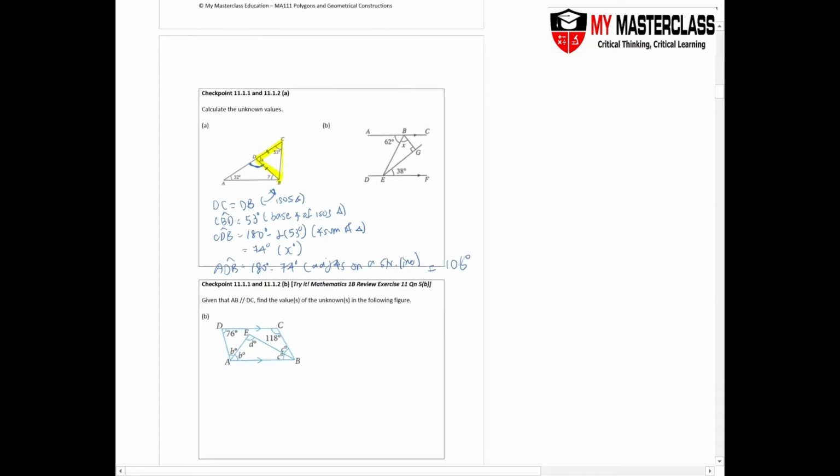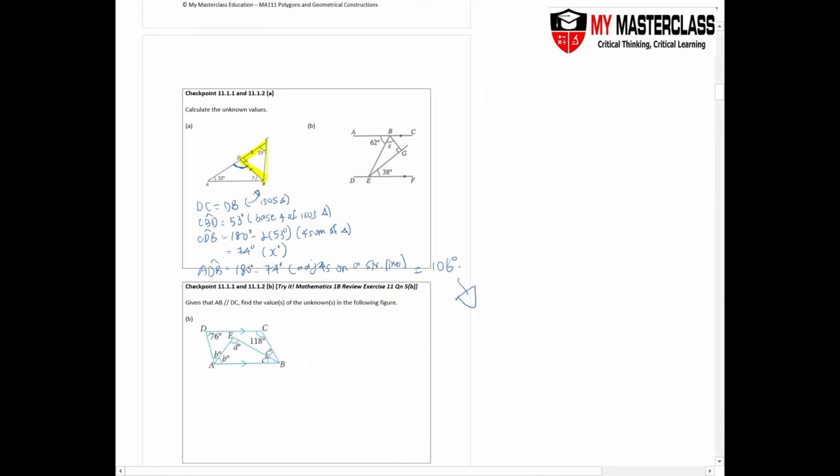Let me draw it out here. To find y, it will be 180 minus 106 minus 32. Why? Because angle sum of triangle. You press into the calculator, and eventually you get an answer of 42. So y value will be 42.